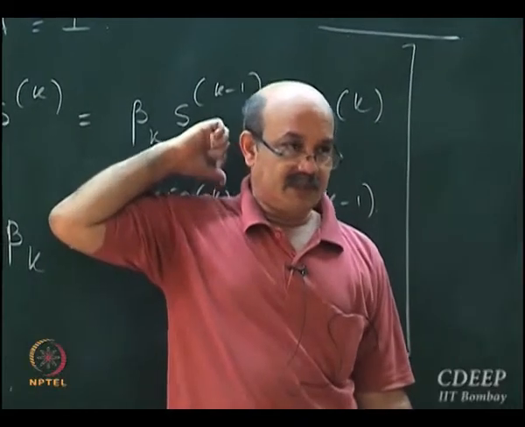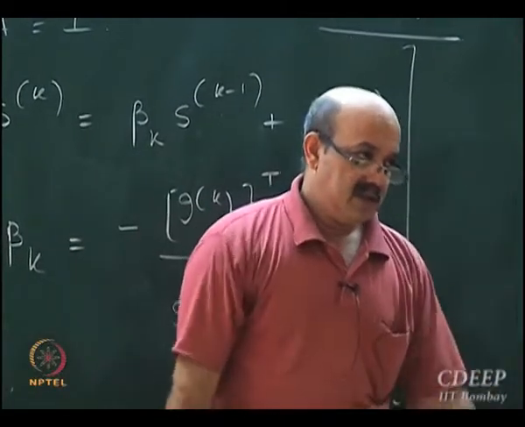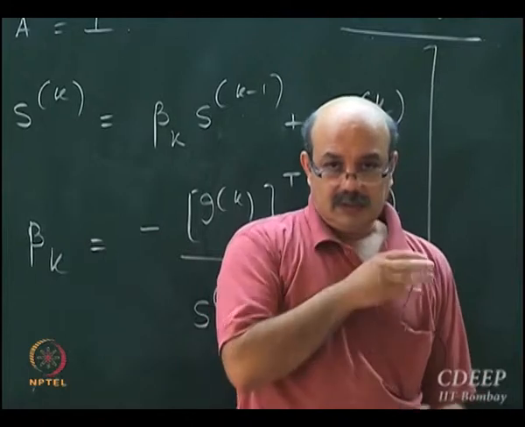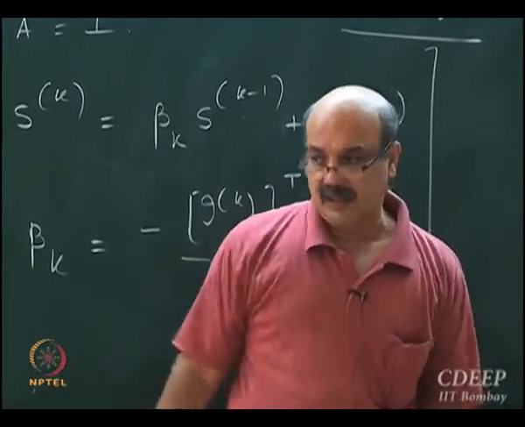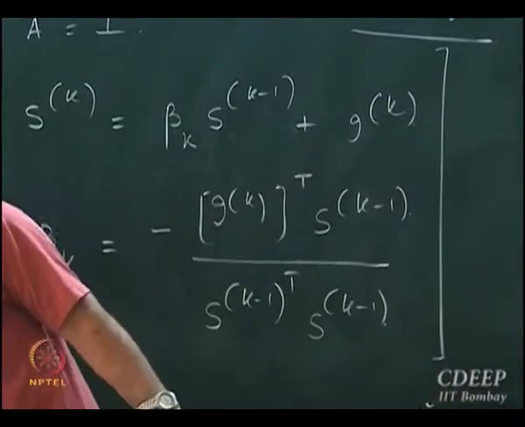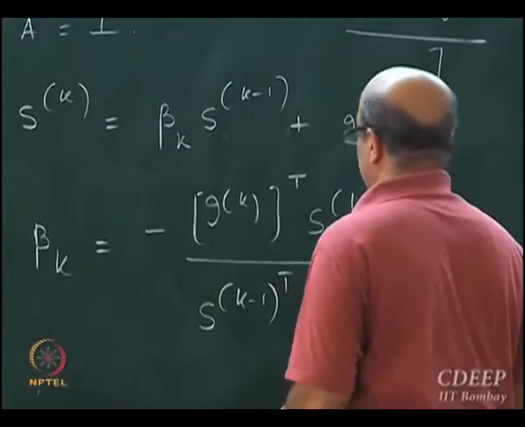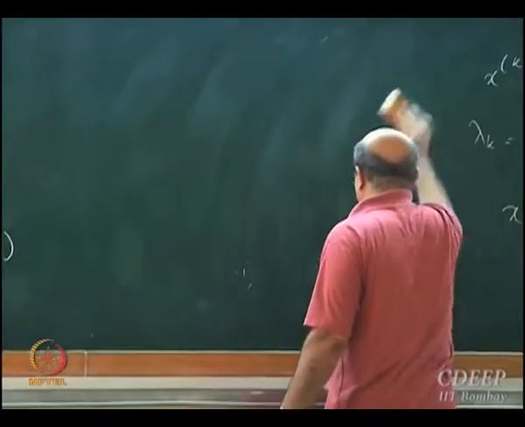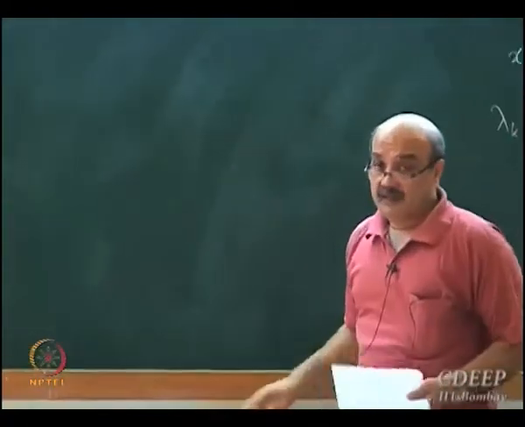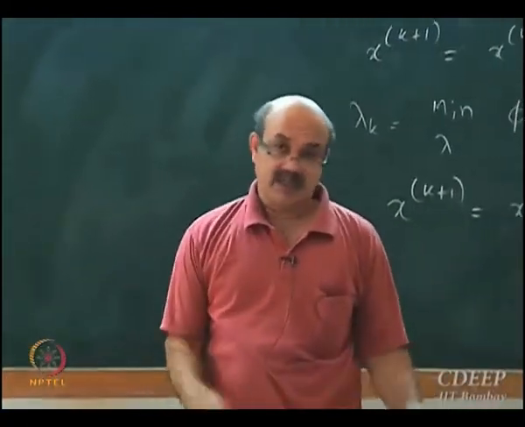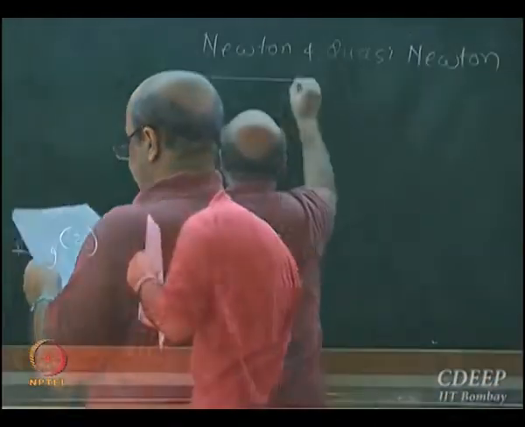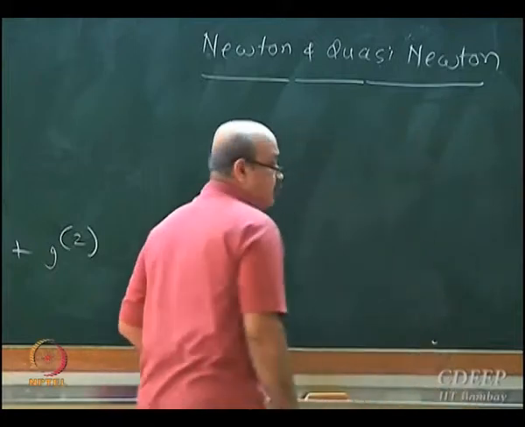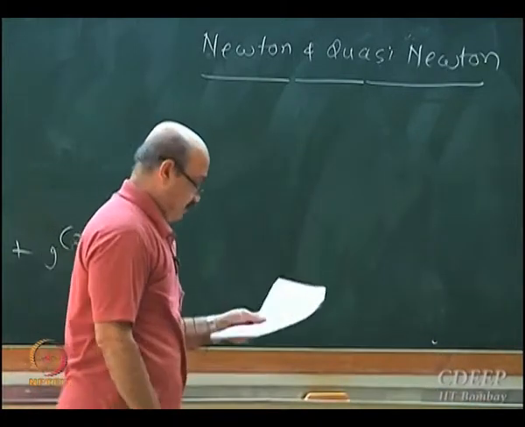This is an optimization based method, whereas that is direct, a successive substitution kind of method. The names appear similar, but under the category of optimization we have Newton's method and quasi-Newton method.